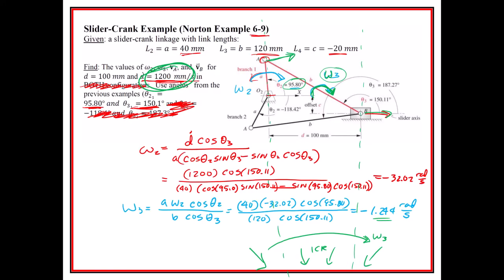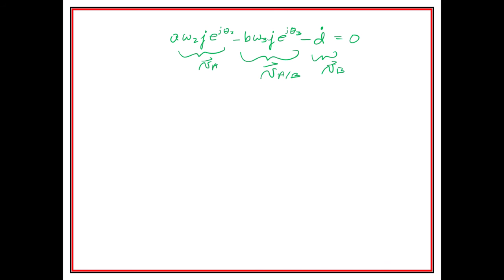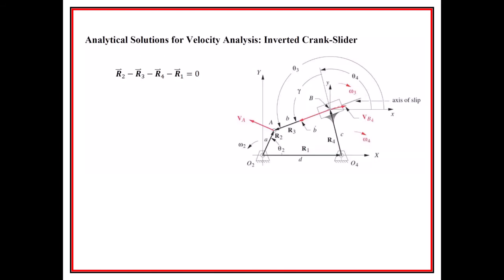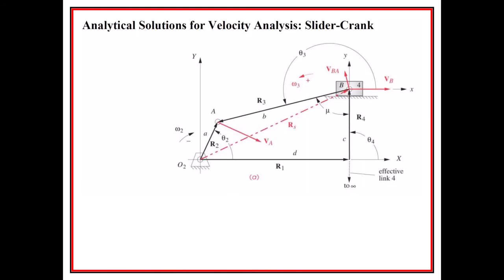Remember that the reason why this one was a minus in this case is because they chose the vector loop back up here. They chose this arrow downwards right there, right? So we ended up going the opposite direction of this arrow when we went to calculate that vector loop.